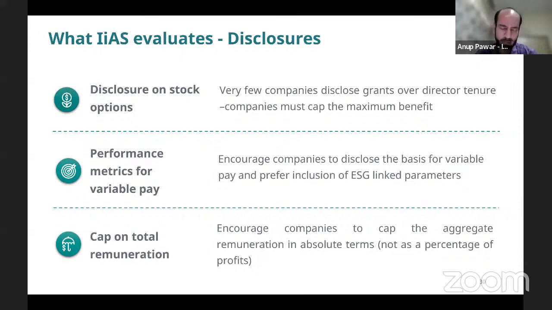So what some companies have begun to do in India is put out, these are the 4 or 5 parameters that we look at when we are deciding remuneration, and an overall cap on remuneration. Some companies say, okay, overall remuneration to this director, including everything, variable pay, ESOPs, etc., is an absolute number. Some companies do it very beautifully. I'll come to that example. We really like that.